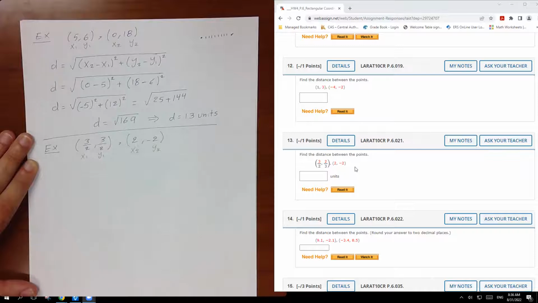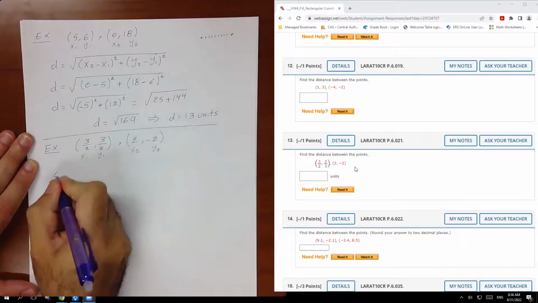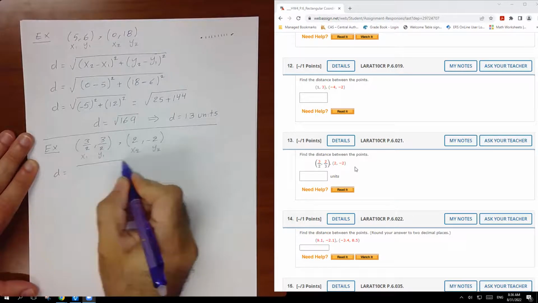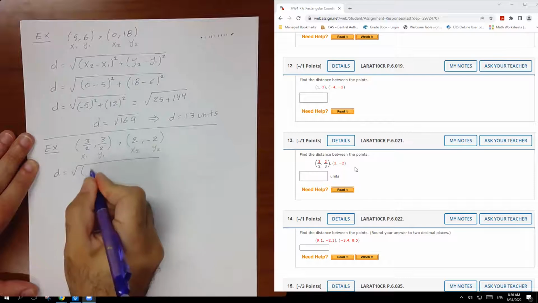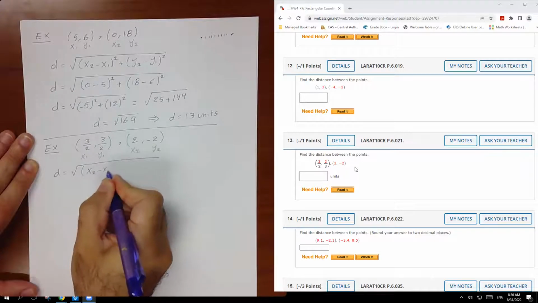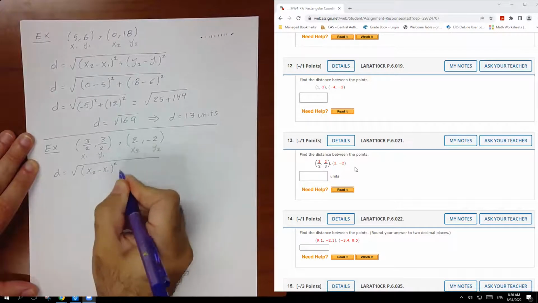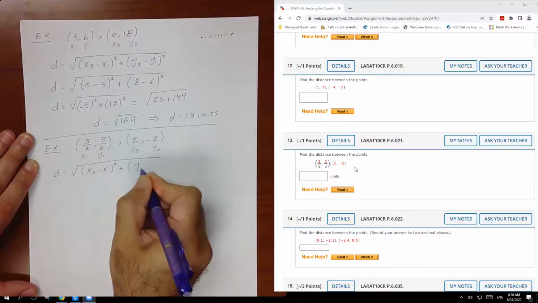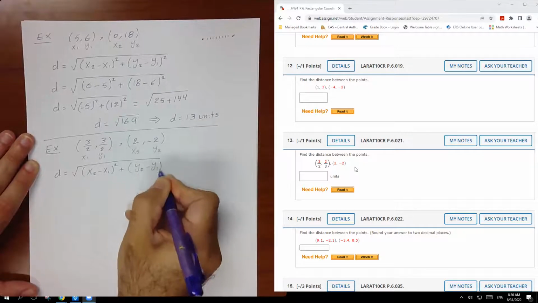So I'm going to write down the distance formula. The distance formula is going to be the square root of x2 minus x1 squared plus y2 minus y1 squared.